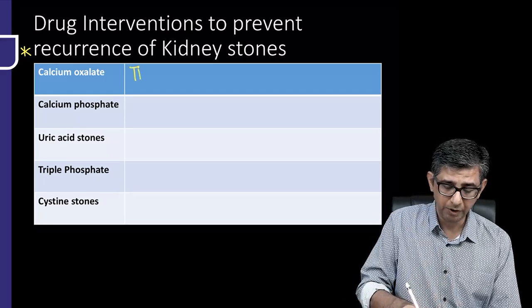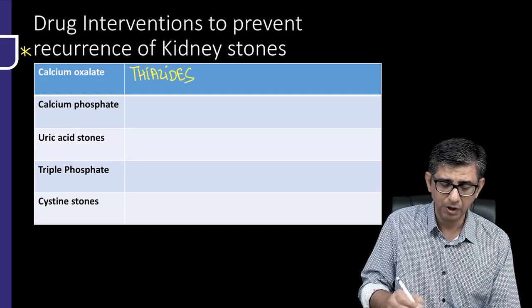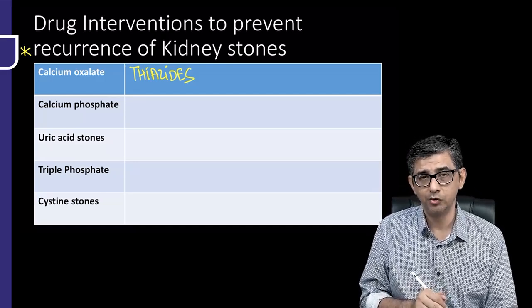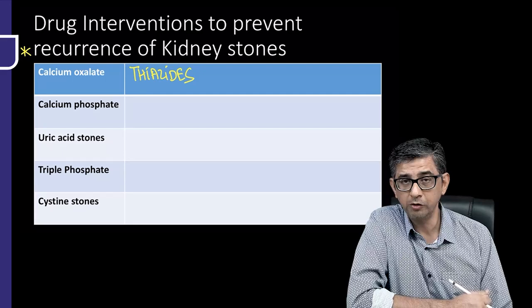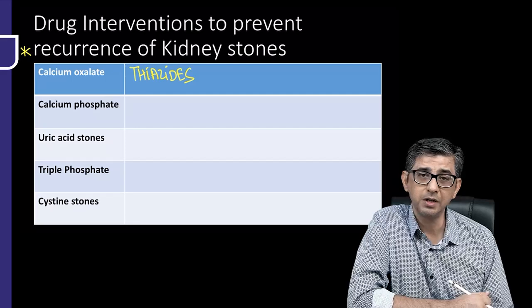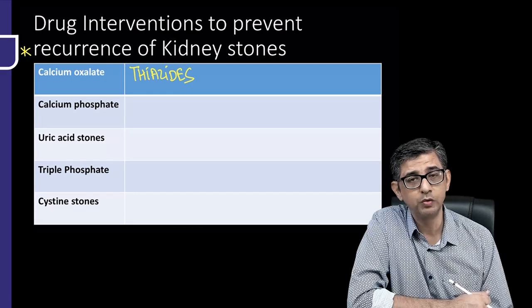Then for calcium oxalate, your answer would be thiazides. The logic behind this is that thiazides cause a reduction in urinary calcium values. I'll mention another drug which will make it easier for you to comprehend. When I was teaching endocrinology, in a hypercalcemic crisis, like a person having breast cancer or a parathyroid adenoma, calcium values will spike.